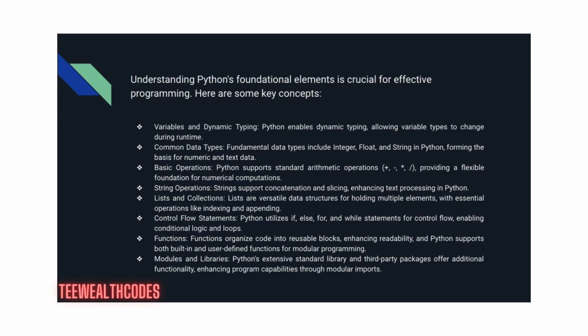There are lists and collections, which are versatile data structures for holding multiple elements. There are control flow statements: the if else, the for loop, the while loop, and the likes. Then we have functions, which are code blocks built to be reusable and also enhance readability. Then we also have modules and libraries. All these are things that we are going to come across in the long run.